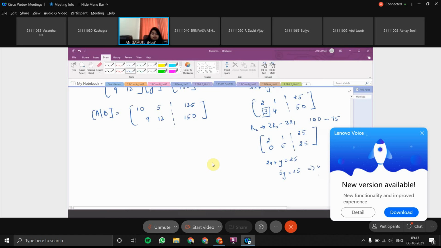This implies y is equal to 5 and 2x equal to 20, x is equal to 10. Yeah, so the answer you got is x is equal to 10 and y is equal to 5. Any problem, anyone in this question? It was easy, that is why I wasn't asking anybody. Fine. We'll move on to the next one.